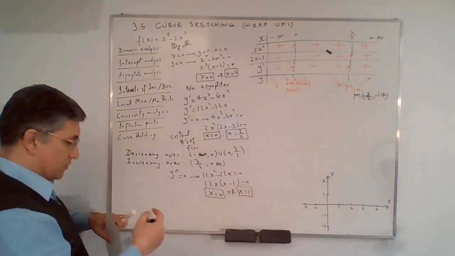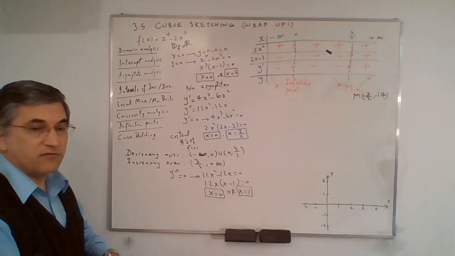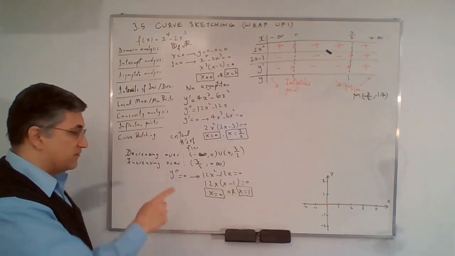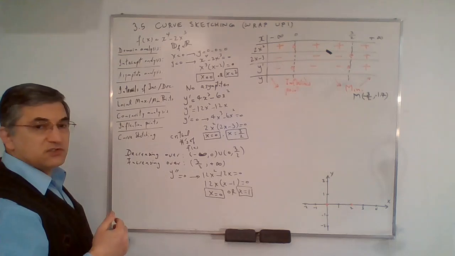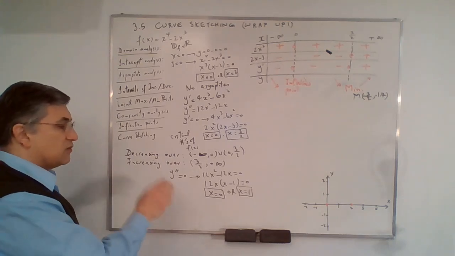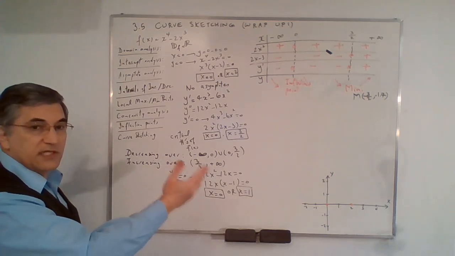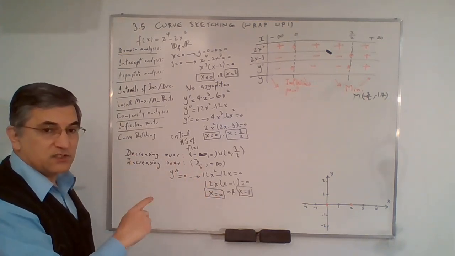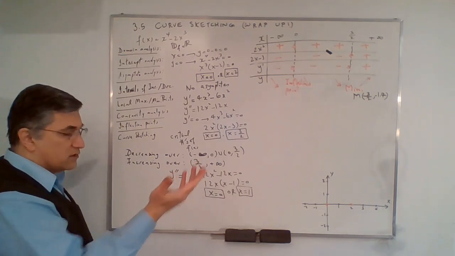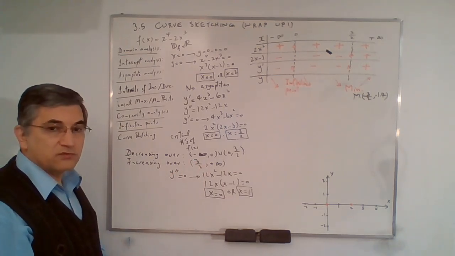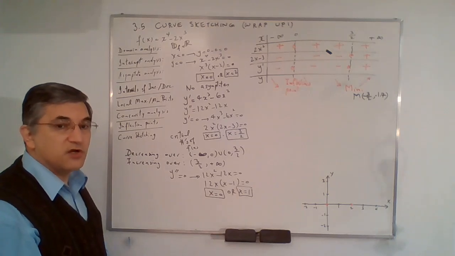So I have two candidates for inflection point. We don't know if they are inflection points yet. I've mentioned this several times, that these are potential inflection points at this time. But later, we're going to figure out if the second derivative did change its sign, well, it's going to be an inflection point, certainly. If not, then not.